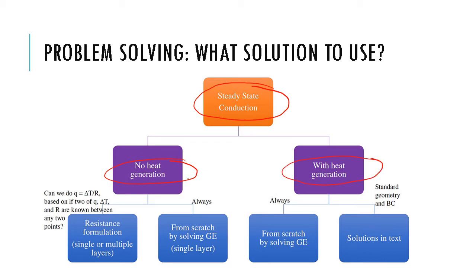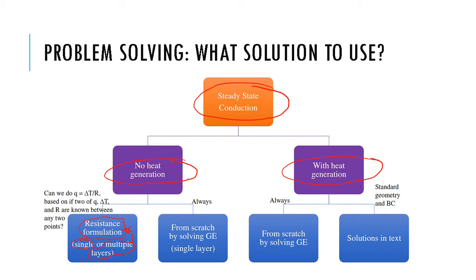Without heat generation, we did two types of problem: either a single layer, slab or cylinder, or multiple layers. When it's multiple layers, we do the resistance formulation. So basically we do either single layer or multiple layers using the resistance formulation here.